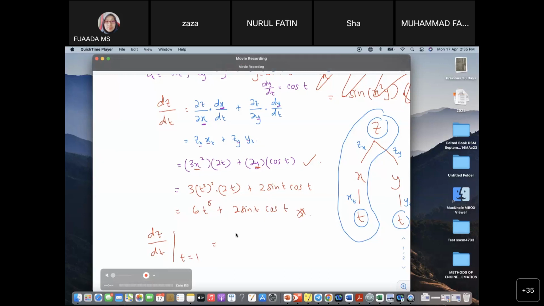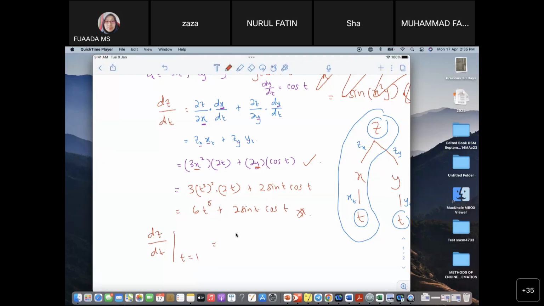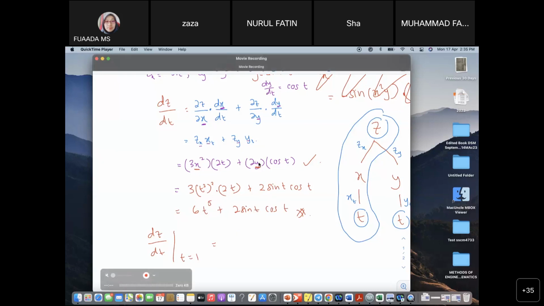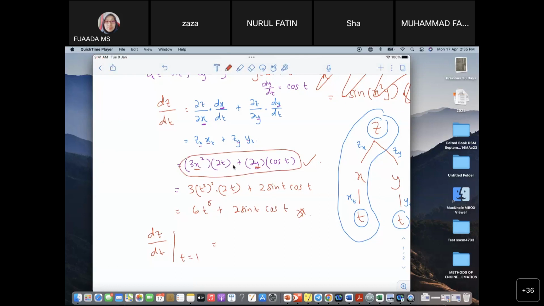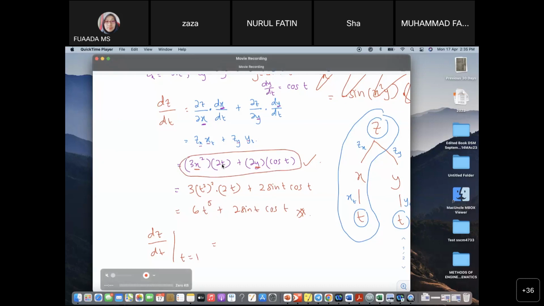Gantikan itu dengan 1. Betul. Okay. So, meaning that kalau you tinggalkan jawapan you yang bentuk ni, so you kena gantikan t equal to 1 and this one also t equal to 1.